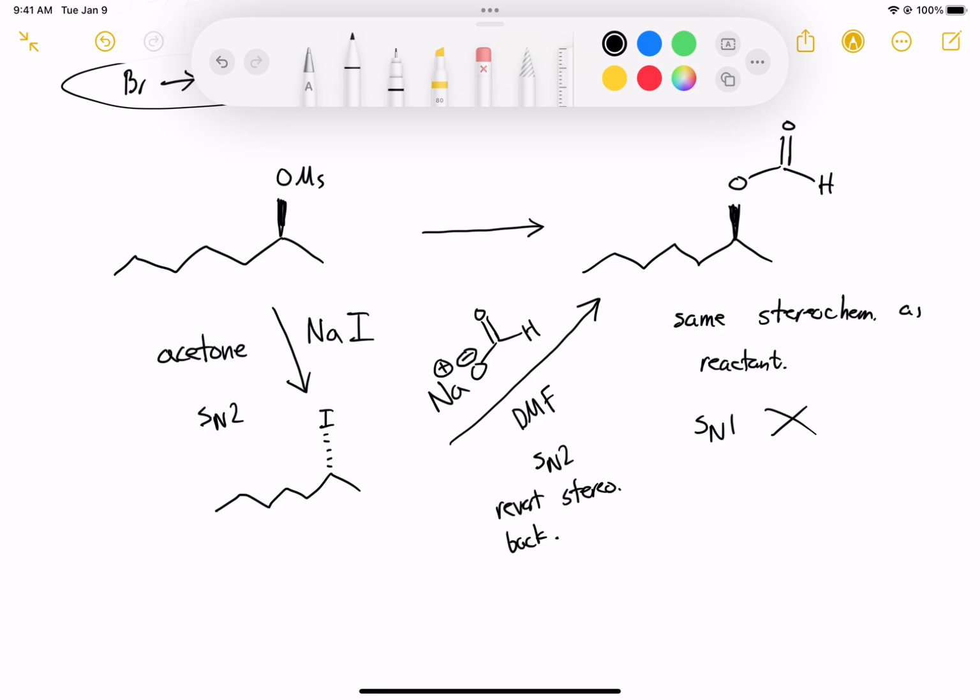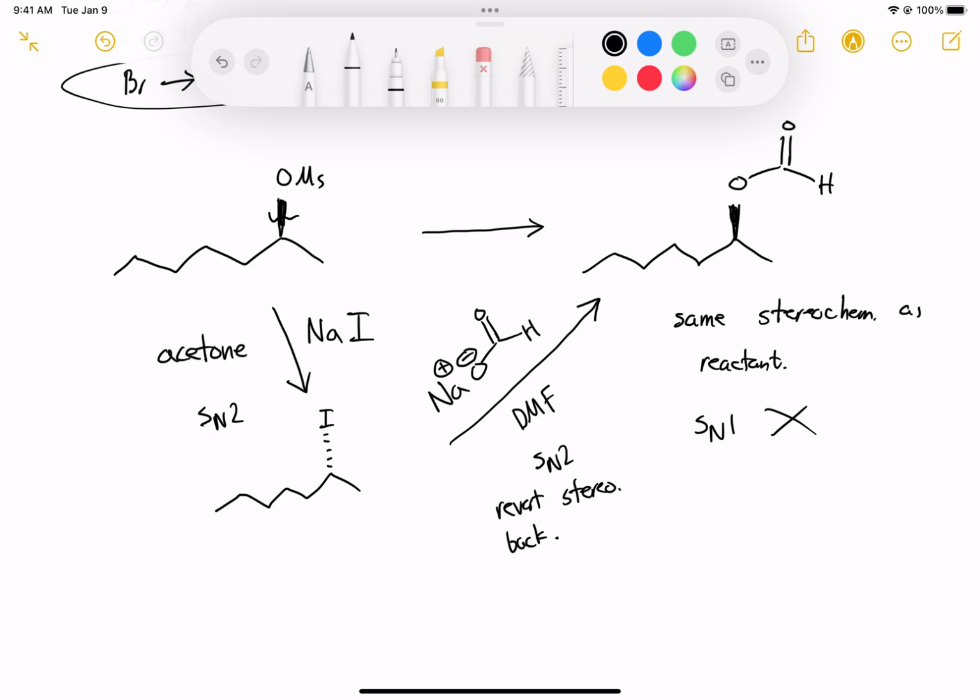There'll probably be at least one synthesis problem. So I would study your reactions to make sure you have all the reactions down, and that you can plan out a synthesis and get the target molecule. And the key to doing synthesis is find out what kind of bonds you want. So in this case, we want to break this bond and replace it with O, this formate group.